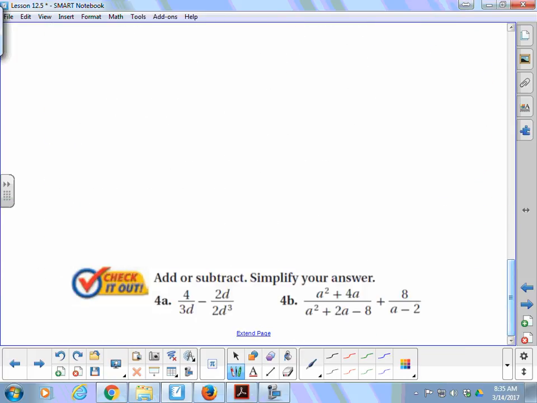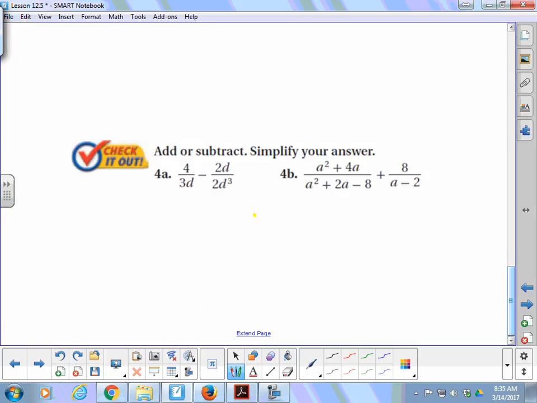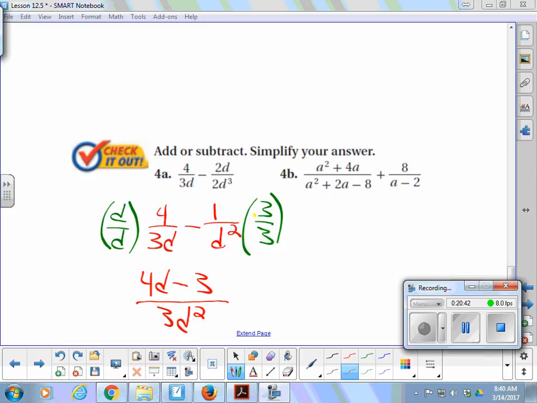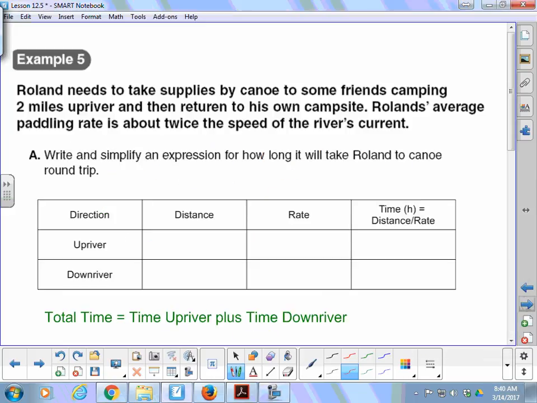All right, so do letter A here. Let's look at some story problems that involve these rational expressions.